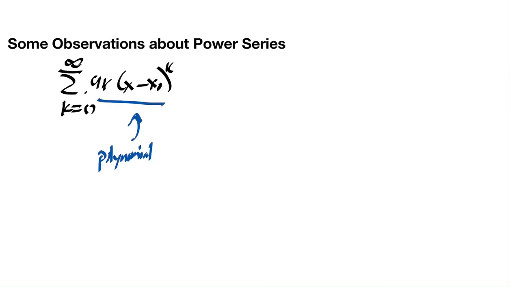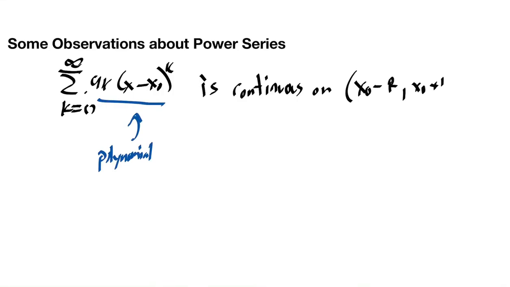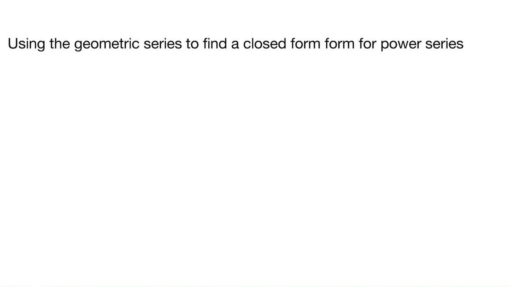So our partial sums are all polynomials. We're taking a series of polynomials that converge, and each of those polynomials is continuous, so this is continuous on that interval (x naught minus r, x naught plus r). So whatever your open interval is, it converges on that interval, which is great.